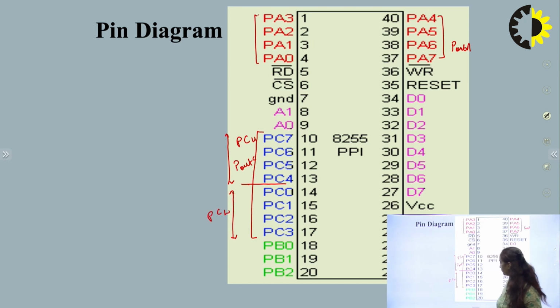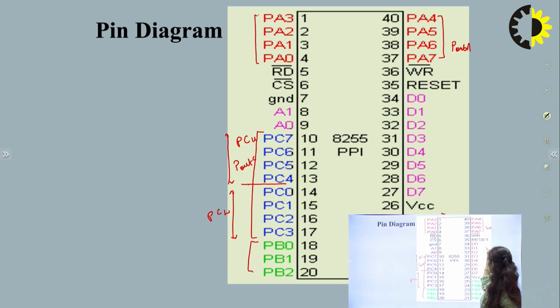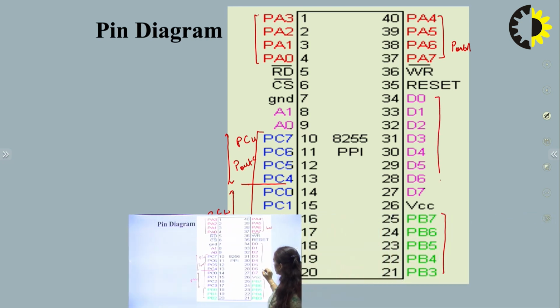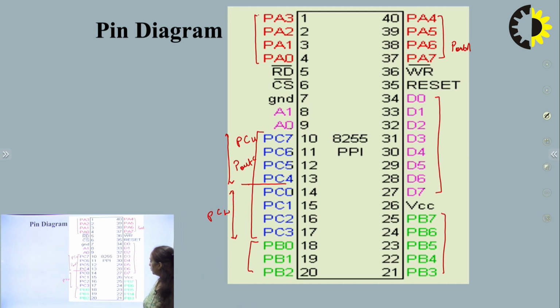Then this green portion, PB0, PB1 and up to this pin number 25, we have port B. 8-bit data buses are connected between pin number 27 to 34. Then pin number 36 is used for VCC supply. Each IC, each circuit needs some supply signal. So plus 5 volt DC is applied so that this IC can be in working condition.